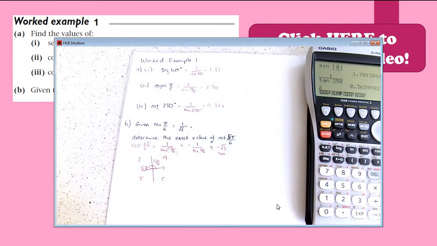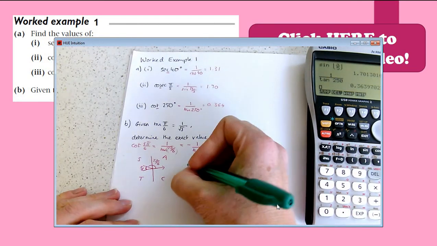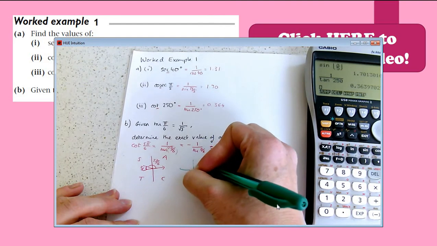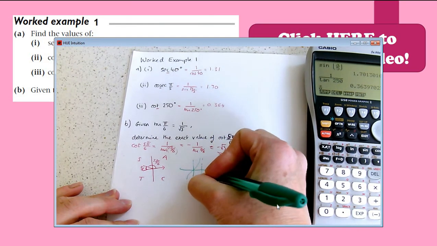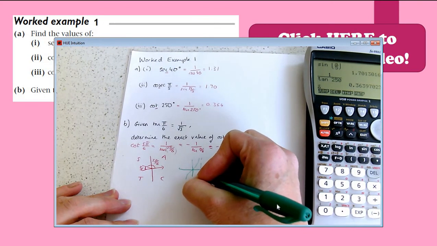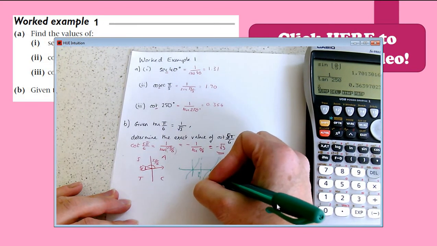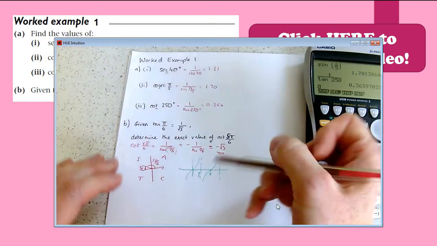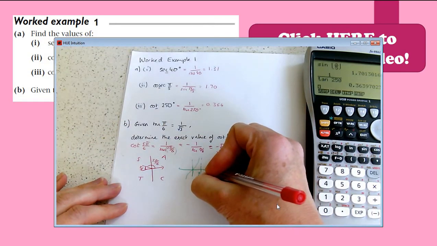Right, if you're a graph person instead of a cast person, we'd have to do a little sketch of tan. I know that this is pi over 2, and this is pi. So we've worked out that 5 pi over 6 is going to be about here.